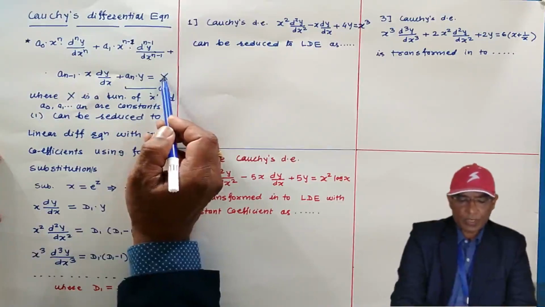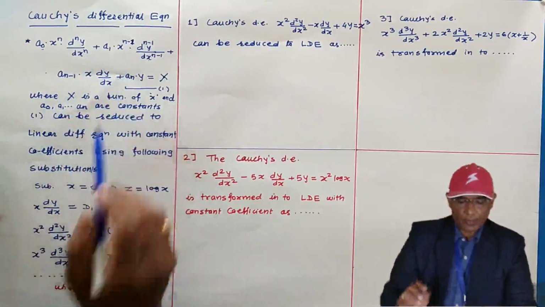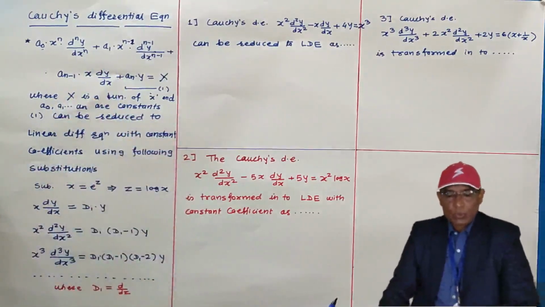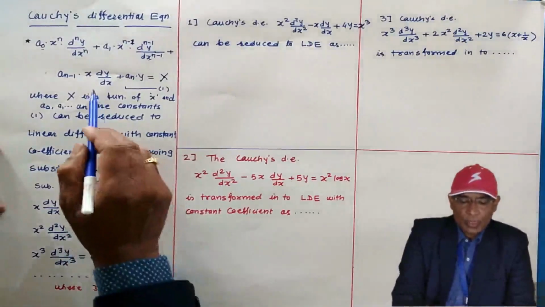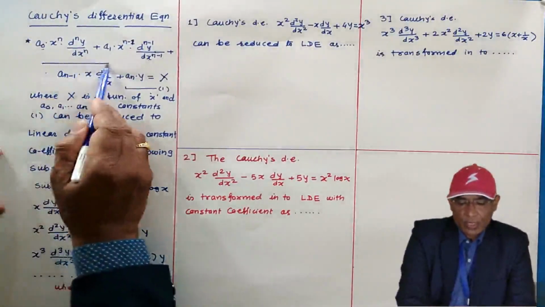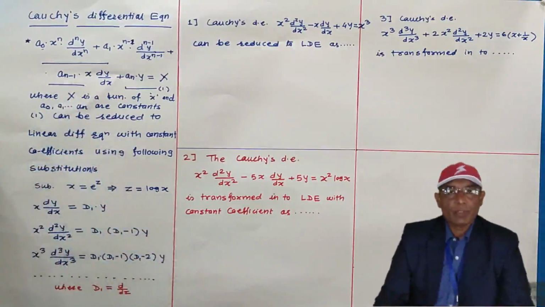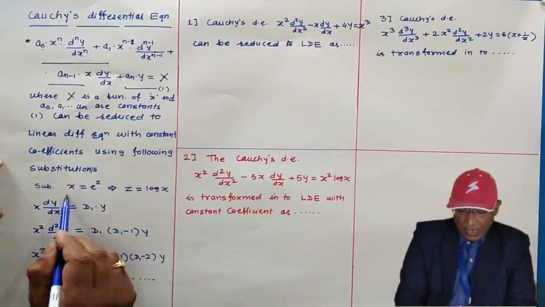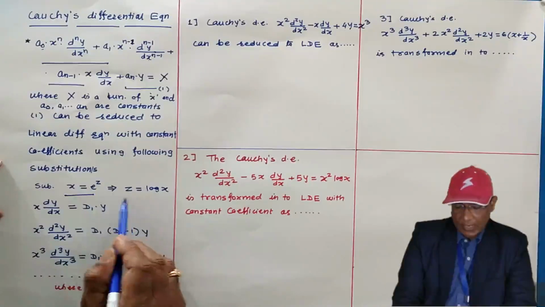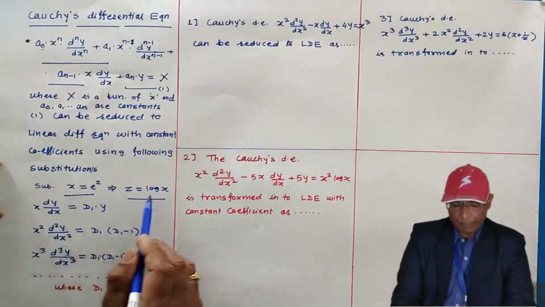Capital X is a function of x. All a0, a1, all a's are constant. So this Cauchy's differential equation, how do you solve? So we have to convert this Cauchy's differential equation into linear differential equation with constant coefficient. Using substitution x equal to e power z, which means z equal to log x. Okay, these two are same.